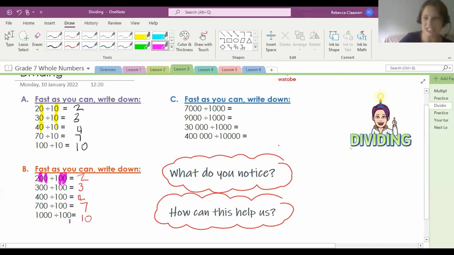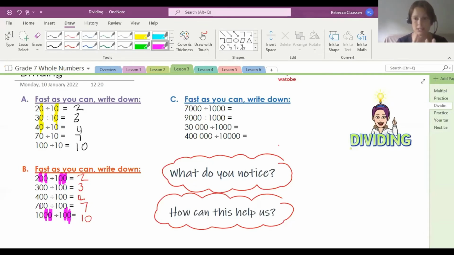We took 2 zeros, okay? Because 100 has got 2 zeros in it. So that 0 cancels out that 0, and that 0 cancels out that 0. We can only get rid of the same number on both sides, right? So if we have 50,000 divided by 100, there's only 2 zeros in 100, so we can only take 2 zeros away from the 50,000. Okay, well done. I think you guys are getting the hang of this, hey?